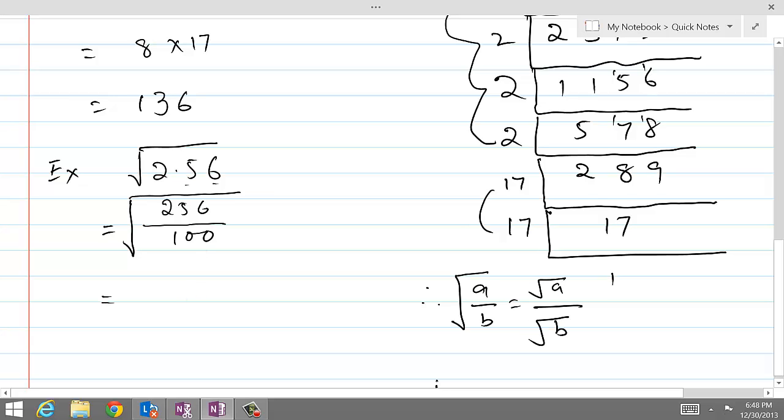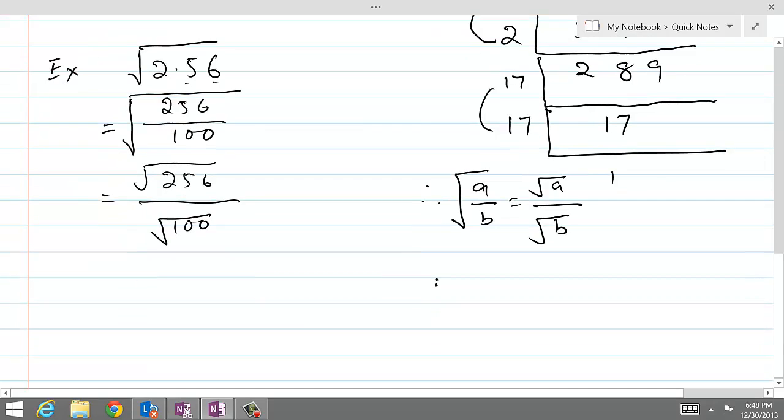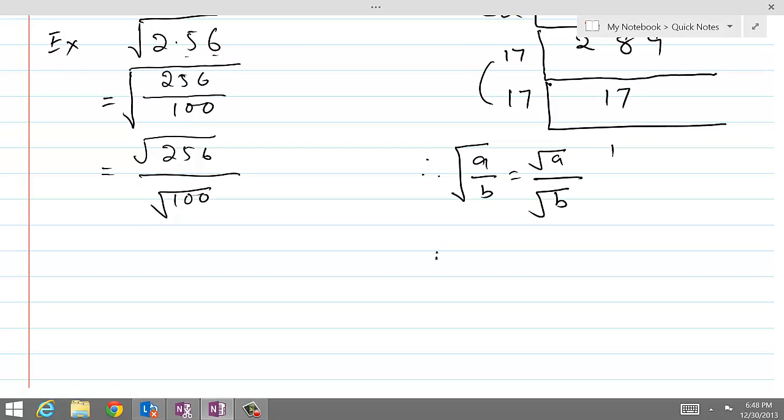So using that property, we are going to write the square root of 256 separately and the square root of 100 separately. Now let's use short division or prime factorization to find the square root of 256 separately and 100 separately.